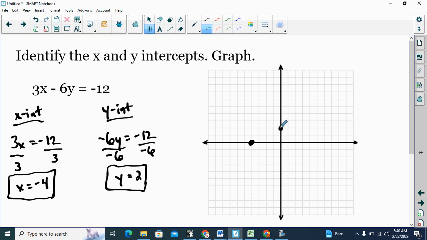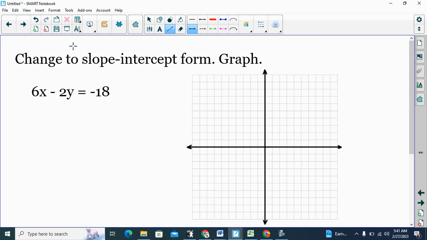Two points is enough to draw a pretty good graph. We draw the straight line that passes through both those points. So x-intercept, put in 0 for y. Y-intercept, put in 0 for x.